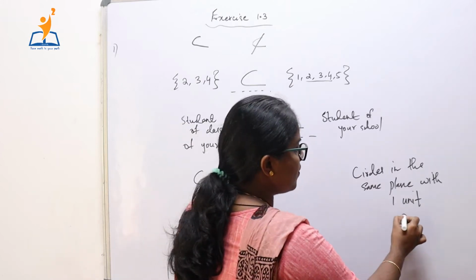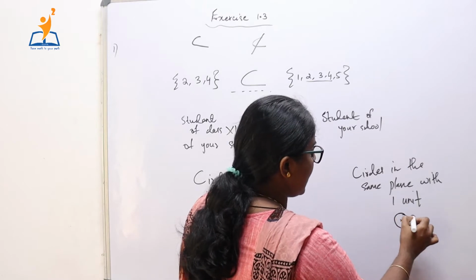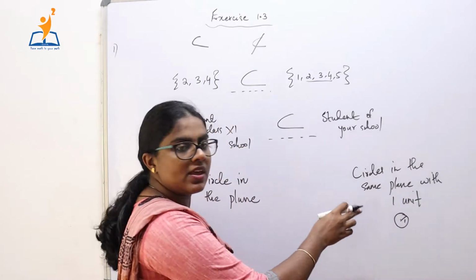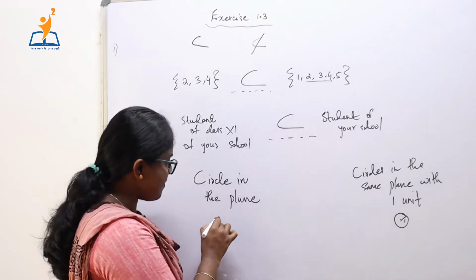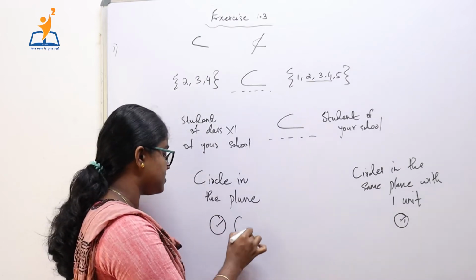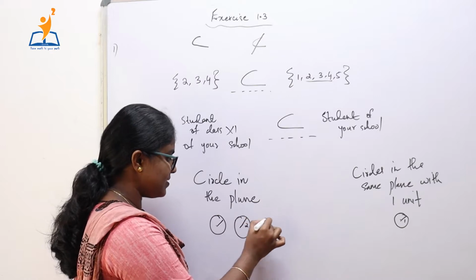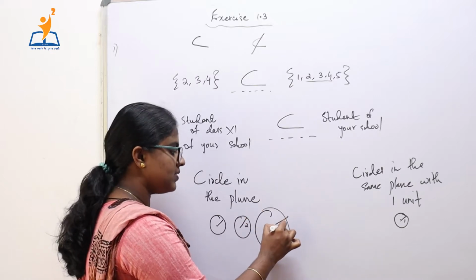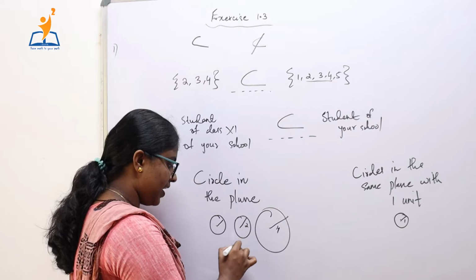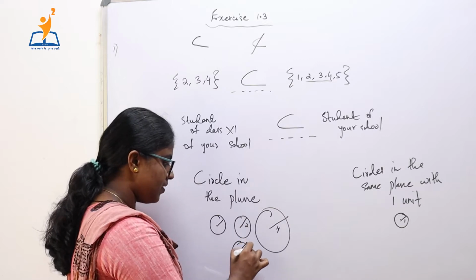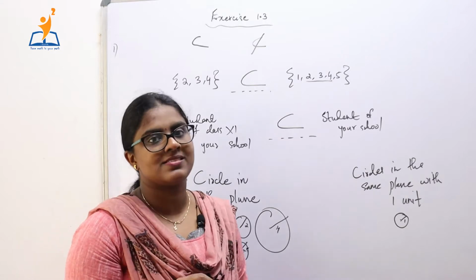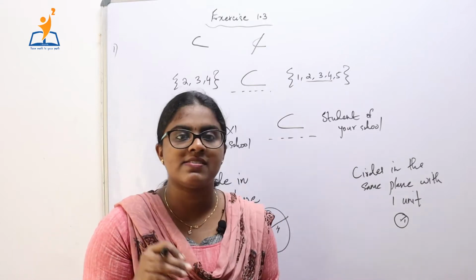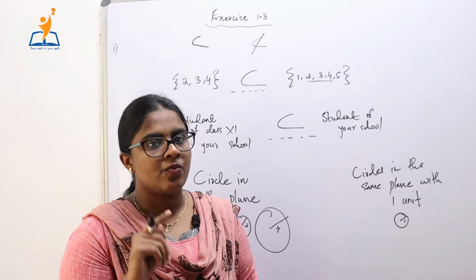Because here we have only circles with a radius of 1 unit, but in the other set we have circles with a radius of 1 unit, 2 units, 4 units, 2.5 units. So we have different circles. Here we have all the circles in the plane, and here only circles with a radius of 1 unit.